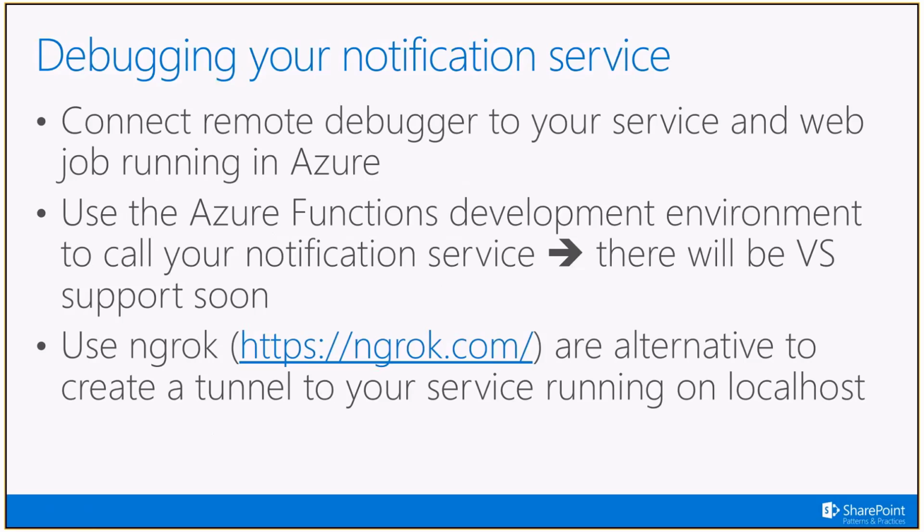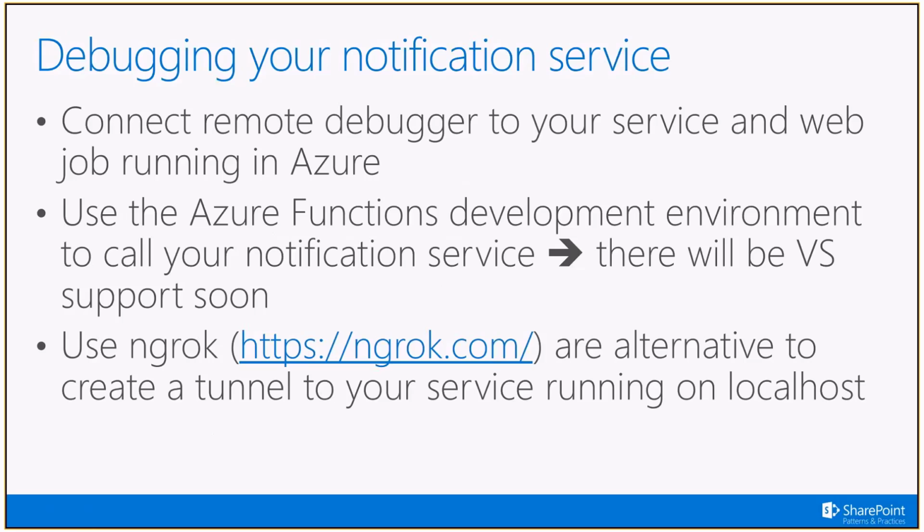If you do not use Azure Functions, and you just deployed it to Azure, what I typically do is just connect remote debugger in Azure. If you deploy a debug build to Azure and then remote debugging, it really works great nowadays with Azure. And a third option is using the ngrok service, which essentially allows you to have your service running localhost, which is connected to a public endpoint provided by ngrok.